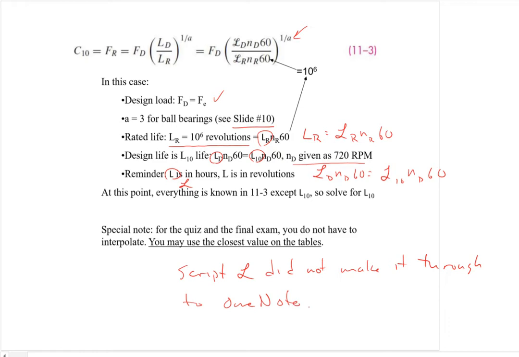So all the circled L's should be script L's. Same thing here, should be a script L, should be a script L. L is in hours. L is in 10 to the 6 revolutions.